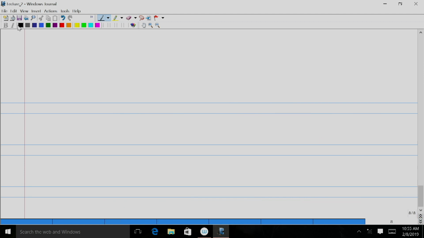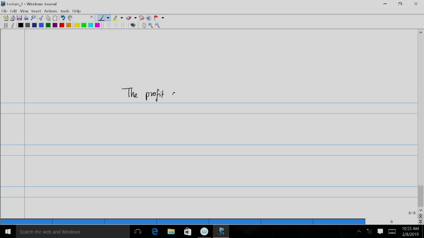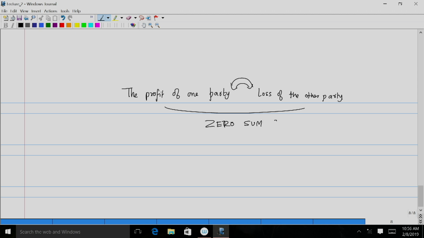So, typically in case of a financial derivative, the profit of one party basically becomes the loss of the other party, and this is what is typically known as a zero sum game. So, that means the profit of one party, if added to the loss of the other party, ends up being equal to 0, which means that is a zero sum game.